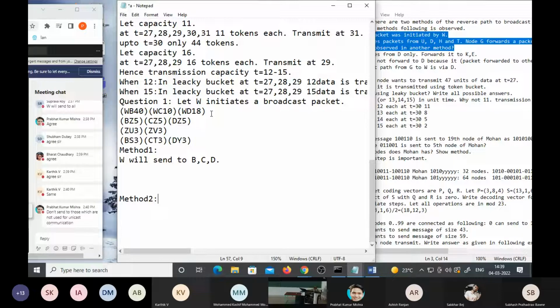Karthik, I am very surprised that you are writing the same, and in the exam paper you have written the correct answer.